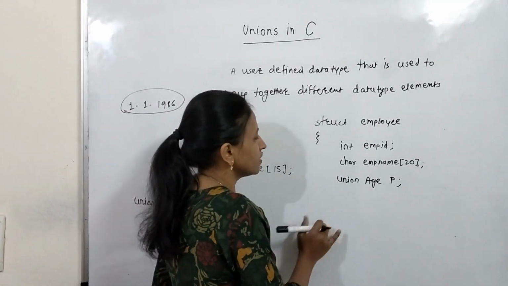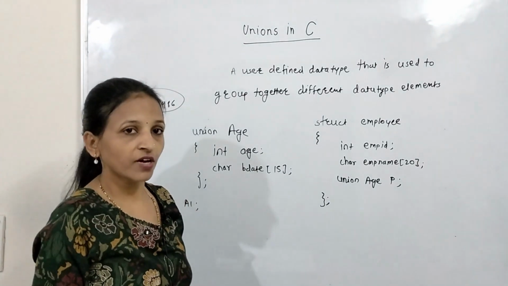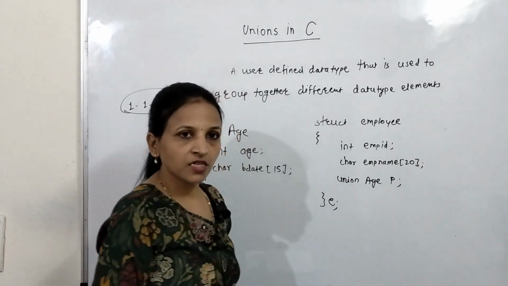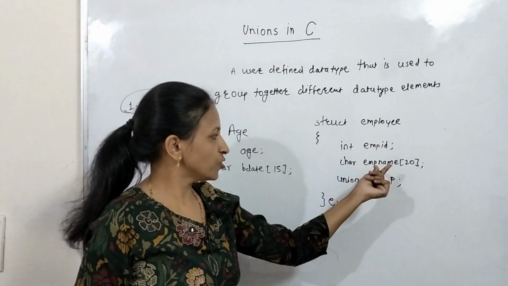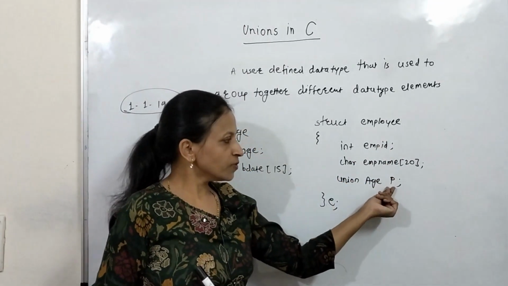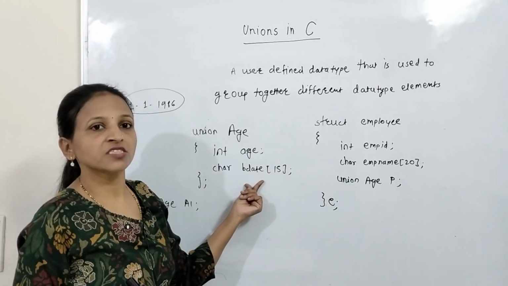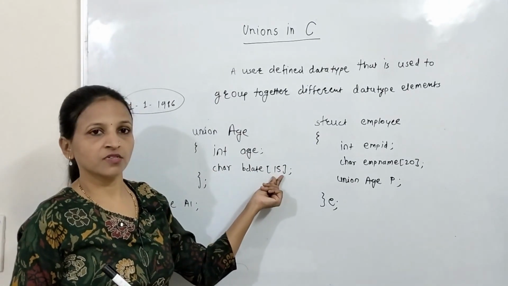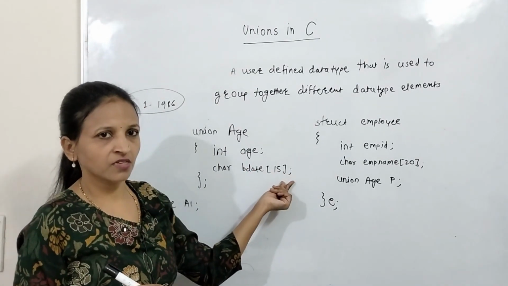Now what will happen here? Let our employee structure be like this, and how much space will get allocated for one variable of that employee? Here let E be a variable of that employee structure. Now for E, 2 bytes for this employee ID, 2 plus this 20 for that name, that is 22, and how much space will get allocated for that P? 15, because the maximum storage requirement for this Age union is 15, meaning one member's requirement is the maximum requirement, that is 15.